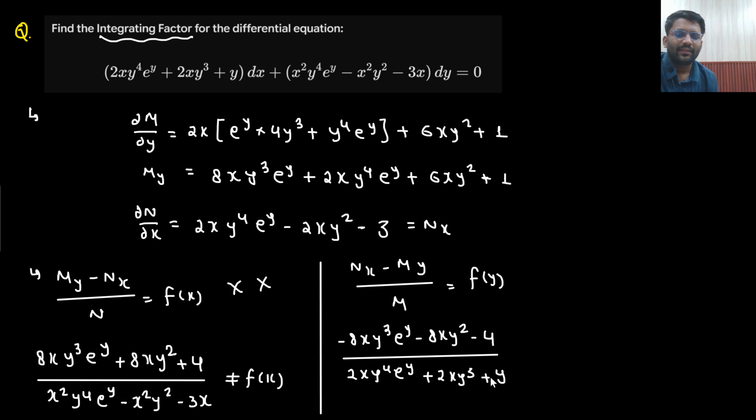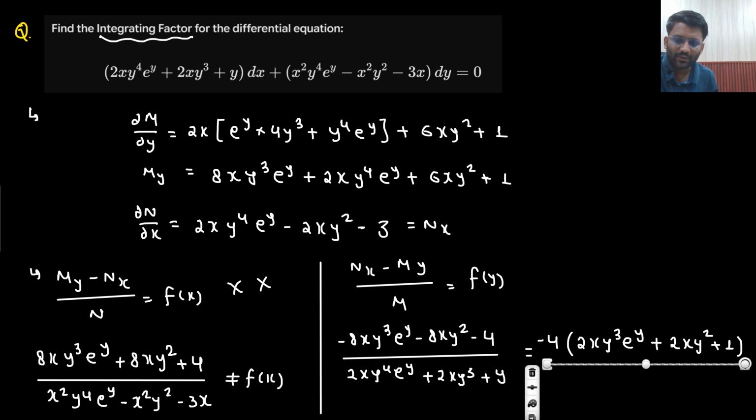From the upper side we will take 4 common, or minus 4 common. From the upper side we are taking minus 4 common. So inside what you will be getting? 2xy cube e to the power y plus 2xy square plus 1. And from the downward side what we will do? We will take y common. From the downward side we will take y common. So what you are getting?